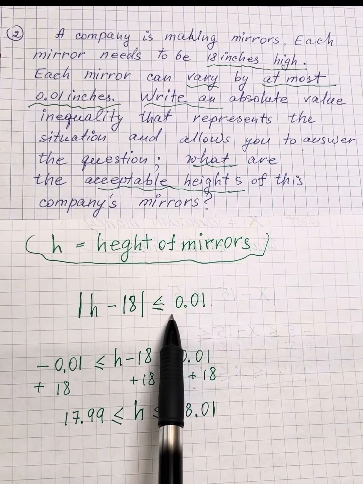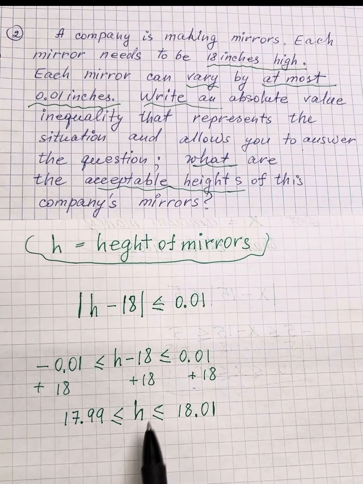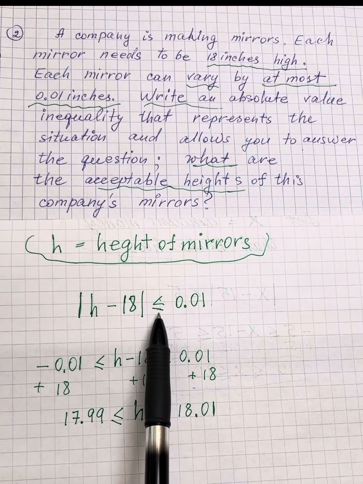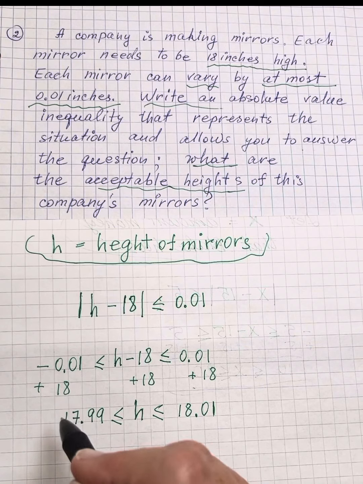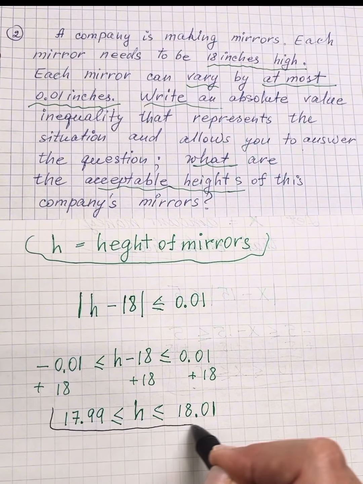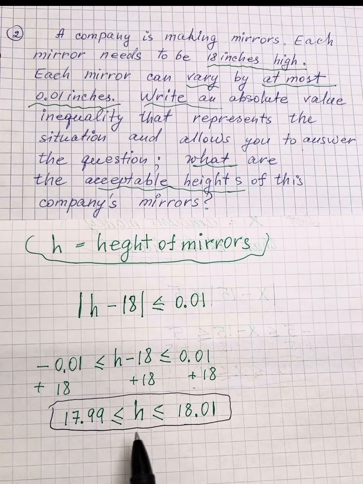It can vary between those 1/100s. And again, we know how to solve since is less or equal, the inequality, we called it between. We can set up the way how we did previously, and we solve, answer the question. And answer that height, acceptable height of these company mirrors should be between those numbers.